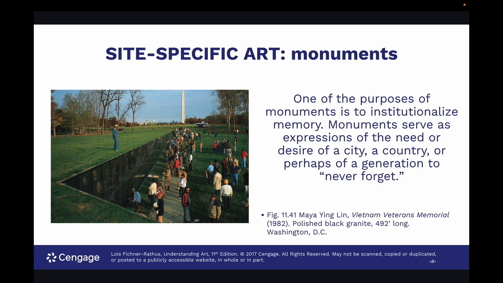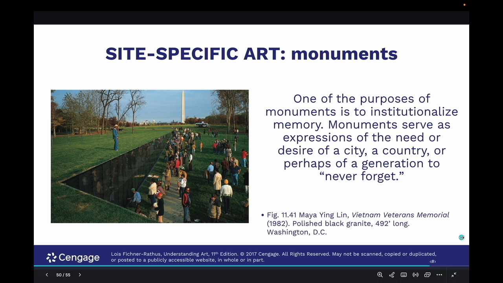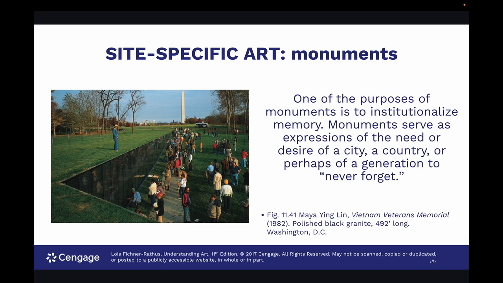And as I mentioned before, there are a lot of emotions associated with memorials, especially from the people who were involved in the event that they're memorializing. So that can be highly challenging for the people trying to get these things made.